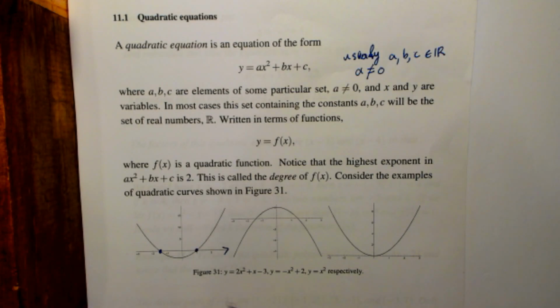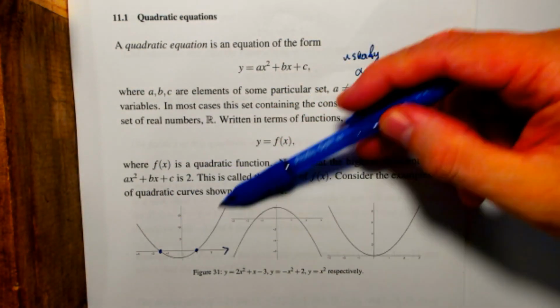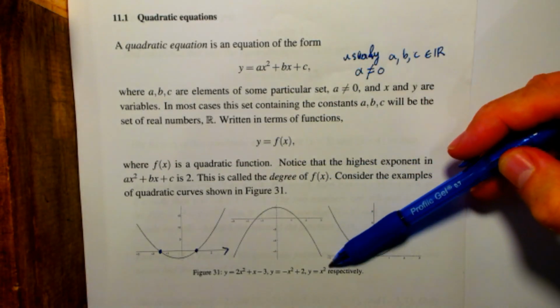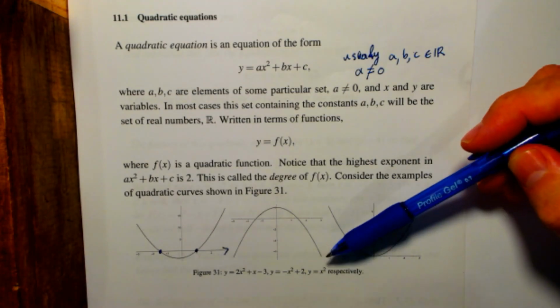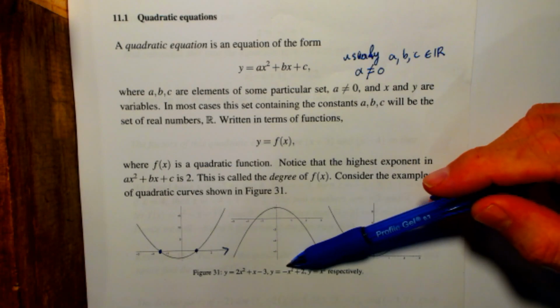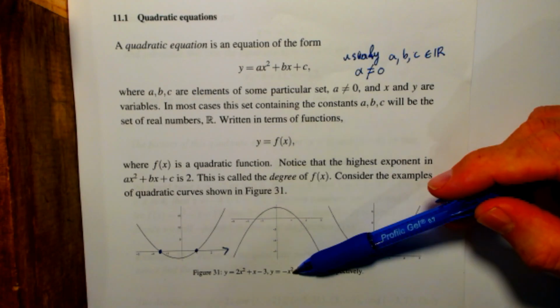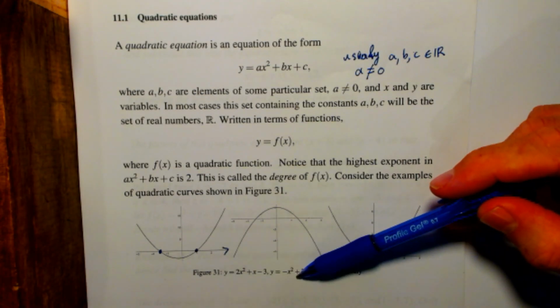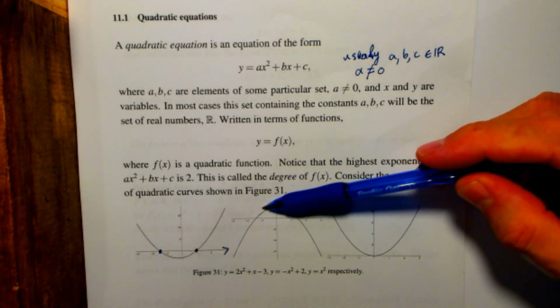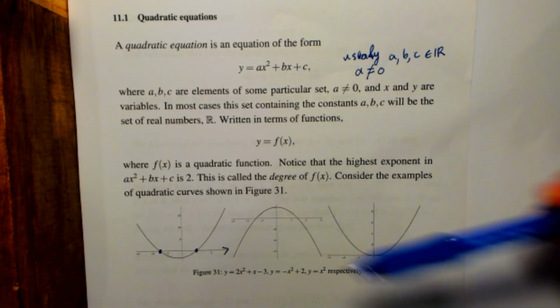Since it's positive here, it's like a smiley face, but you'll notice this one here is more like a frown face. And so we can decide that that's the way it should be plotted because it has a minus number next to x squared. So its leading coefficient is negative, meaning that it will be plotted this way.